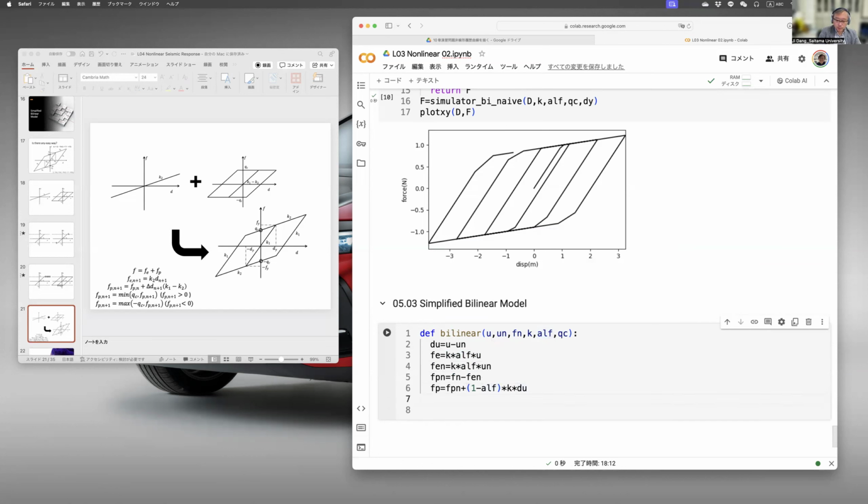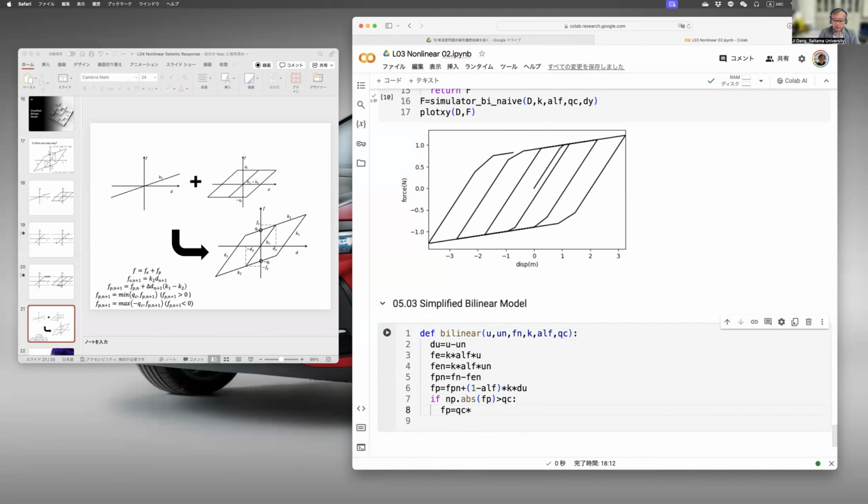Now I just do an if, right? If np.abs, the absolute value of Fp, is larger than QC, whether it's positive or negative, then Fp equals QC multiplied by the direction of the Fp before.